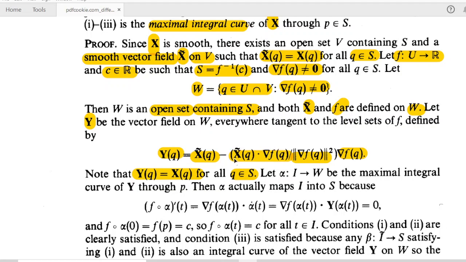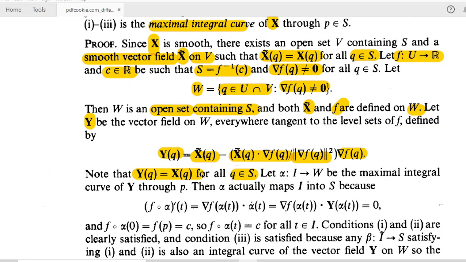And X of Q, if Q belongs to S, is a vector field. X of Q is a smooth vector field and nabla F of Q will be normal to the smooth vector field. So the dot product will become 0.